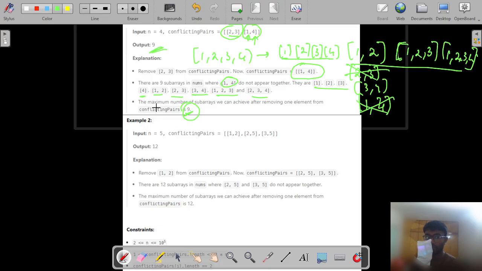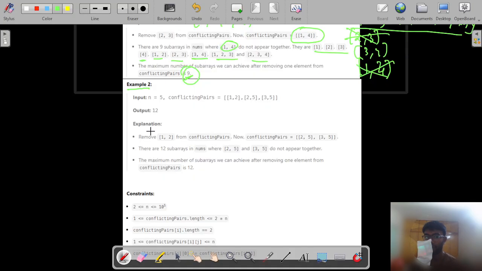But we are asked to return the maximum number of subarrays. Let's see if example 2 has anything more to give us. So let's say we remove [1, 2] from the pairs.